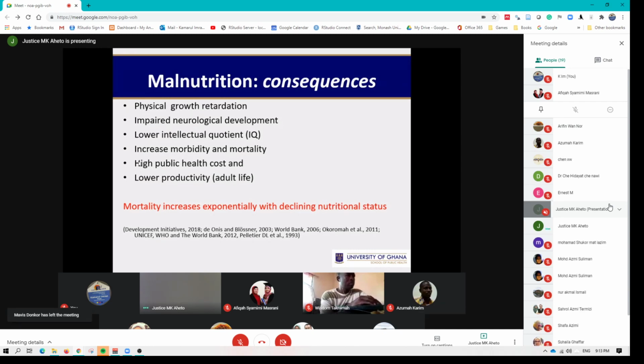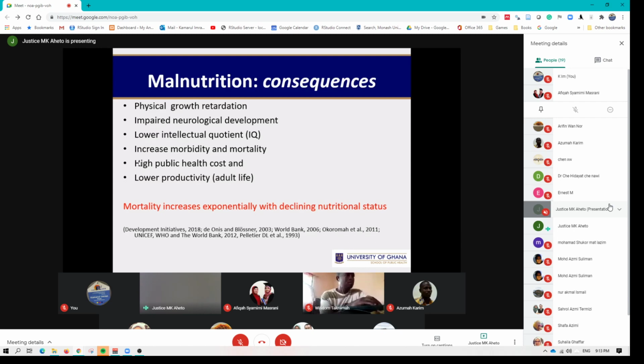And then also, for sure, someone who is malnourished, meaning you are ill, you need to be taken care of. So definitely, that also puts some pressure on public health costs, or let me say public health resources that are available in those countries. And for sure, once you are not well, you can't be very productive in whatever you do.